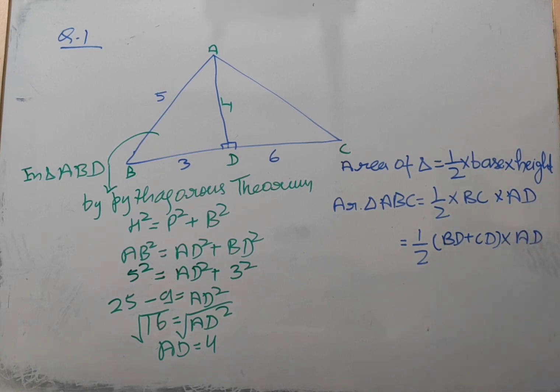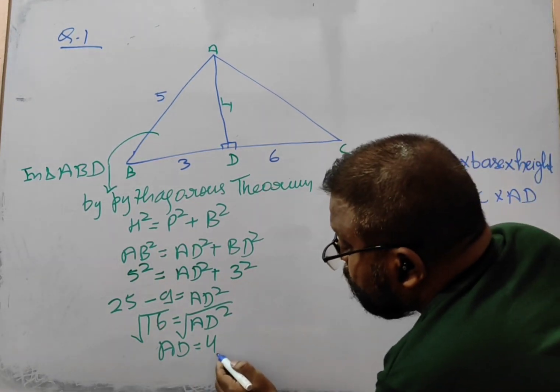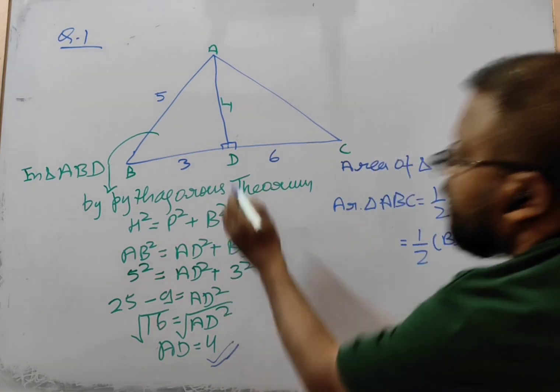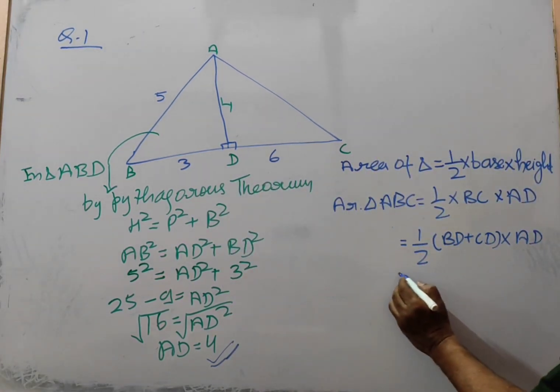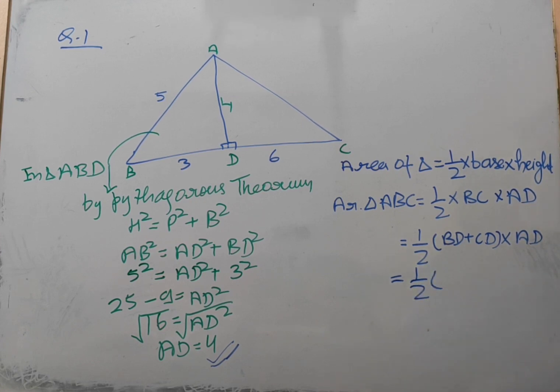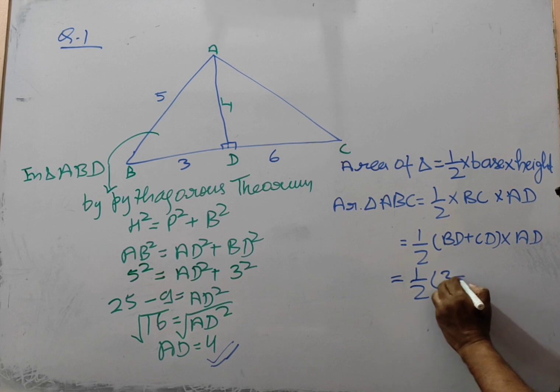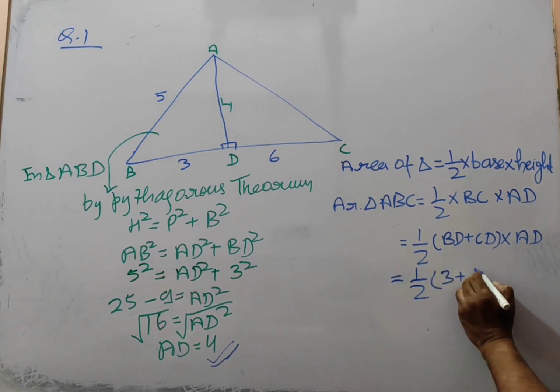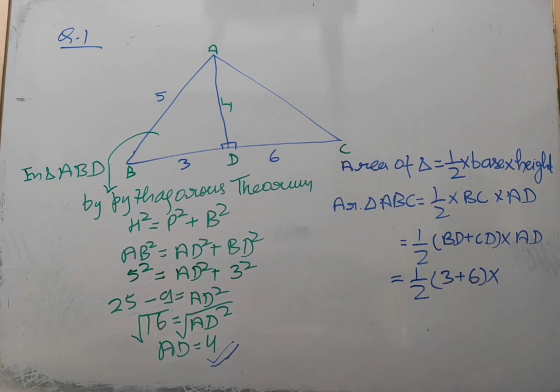Right? Now we know AD is 4, and BD is 3, CD is 6. So we have 1 by 2 bracket 3 plus 6 into 4. Fine.